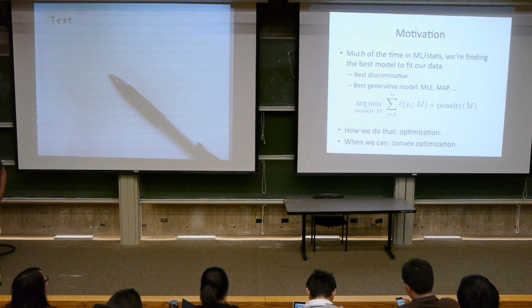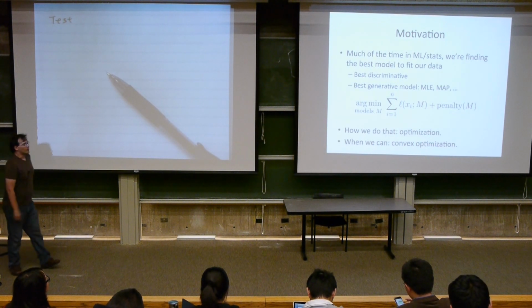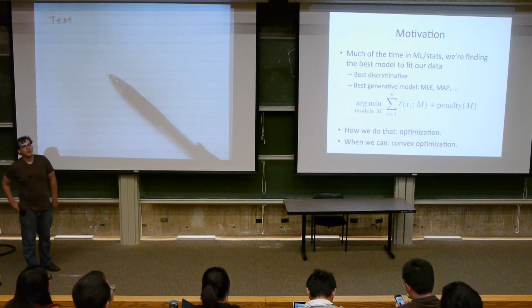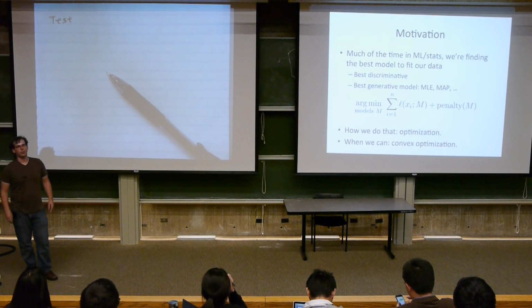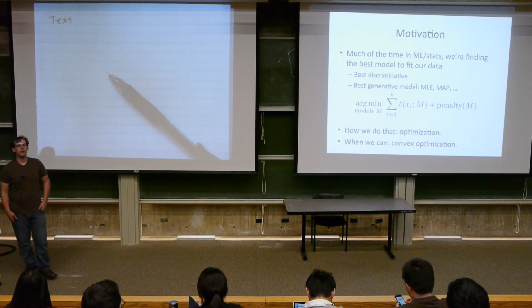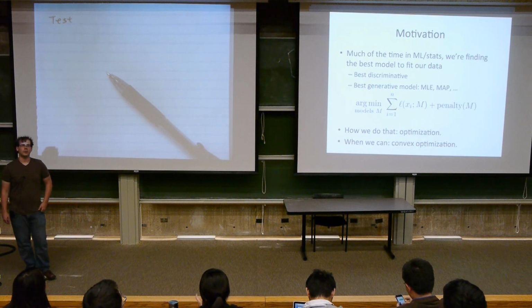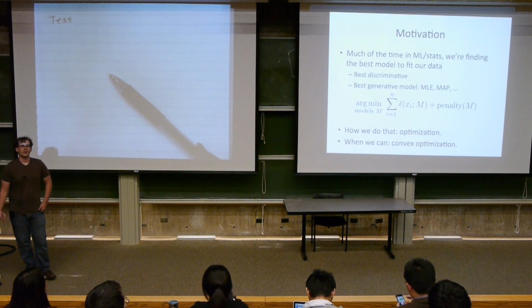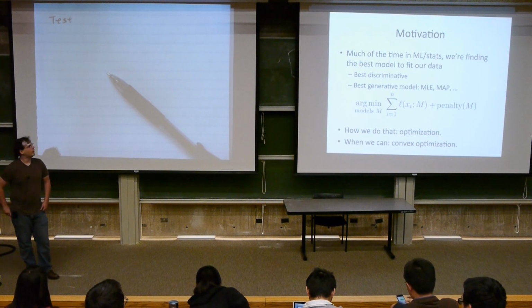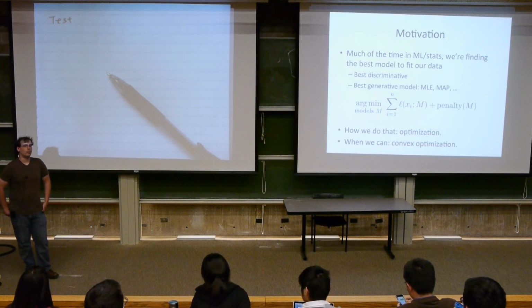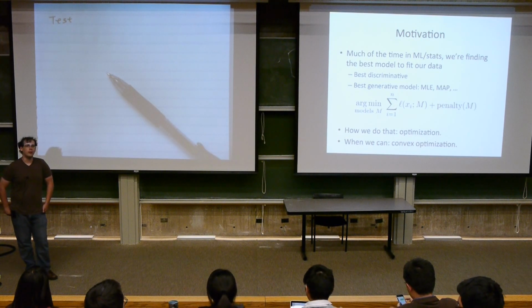So why do we care about optimization? Well, when we're doing machine learning or statistics, a big part of what we do is we have a bunch of data, and we come up with some possible forms of models that we might use for that data, that we can then use to do classification, regression, clustering, whatever kind of actual problem we want to solve. So for example, we might want to find the best discriminative line, which is the kind of thing that the perceptron does.